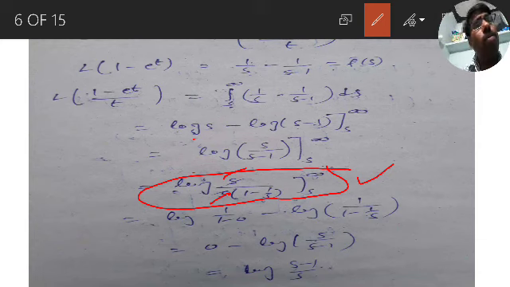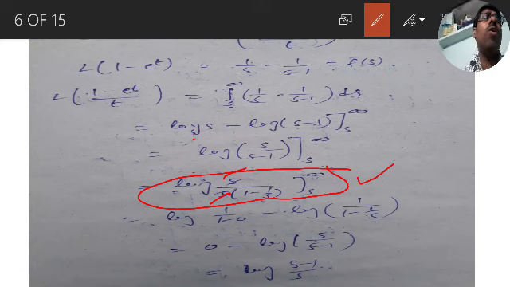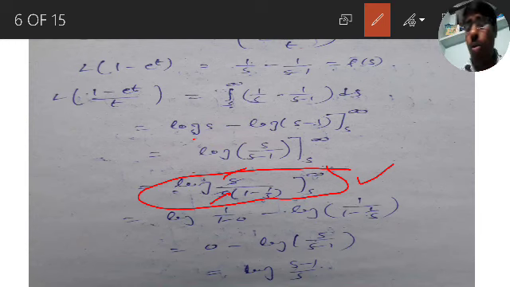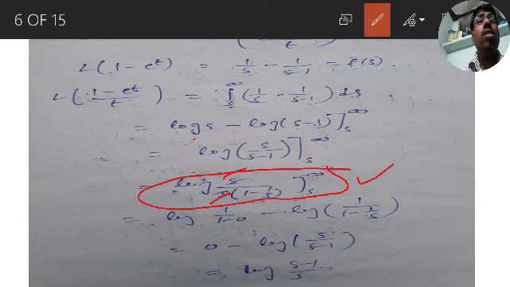We use a simple integration formula, integration of 1 by x is log x. But if you apply the upper limit, you get infinity by infinity. To avoid this, take s common, because s is the term causing infinity by infinity, and cancel it in the numerator and denominator to avoid this indeterminate form. So this is my third problem.